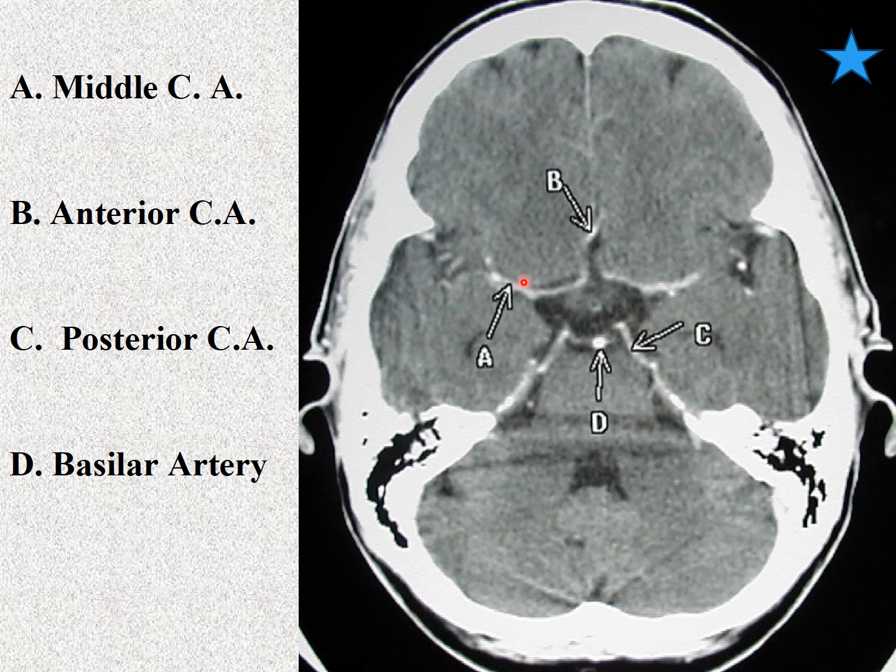Posterior cerebral arteries are back over here, and our basilar artery is back over here. So vertebral arteries, basilar artery, posterior cerebral arteries. Posterior and anterior cerebral arteries form the circle of Willis.